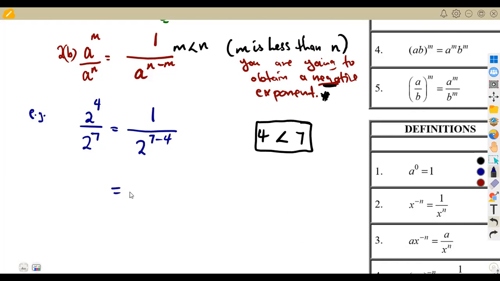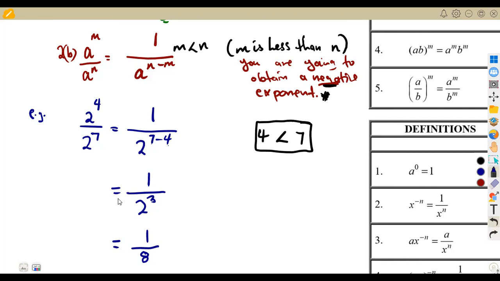We have avoided having our answer as a negative exponent, because we know that if we subtract a smaller number from a bigger number, we get a positive. So that will be 2 to the exponent of 7 minus 4, which is 3. But remember, we simplified this before. 2 to the exponent of 3, we got 8: 2 times 2 times 2, 3 times. So our answer now is going to be written as 1 over 8.